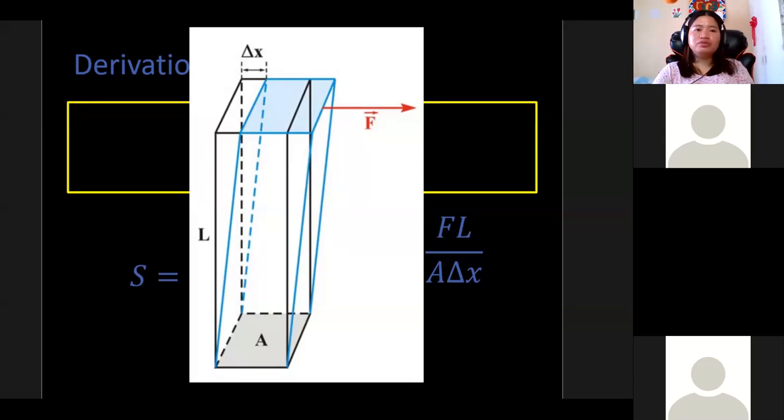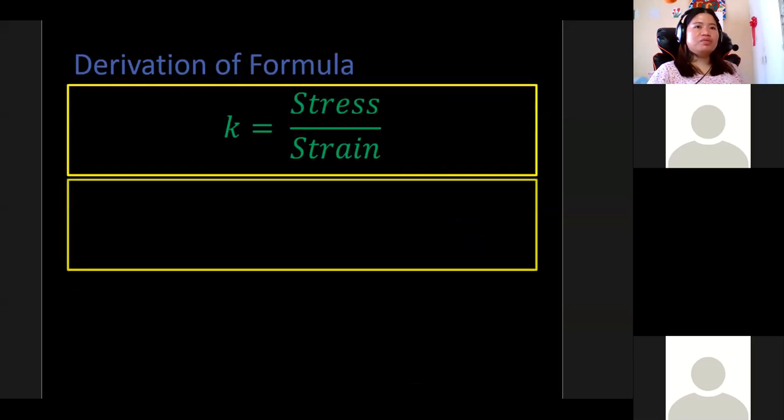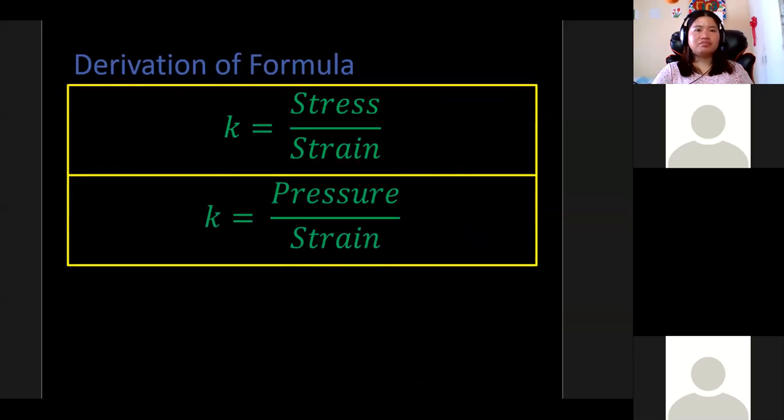Now the last modulus is the bulk modulus. So again, using the main formula for Hooke's law, we will be deriving the formula for bulk modulus. For bulk modulus, this one is a different case because instead of using the word stress, we will be replacing that with the word pressure.